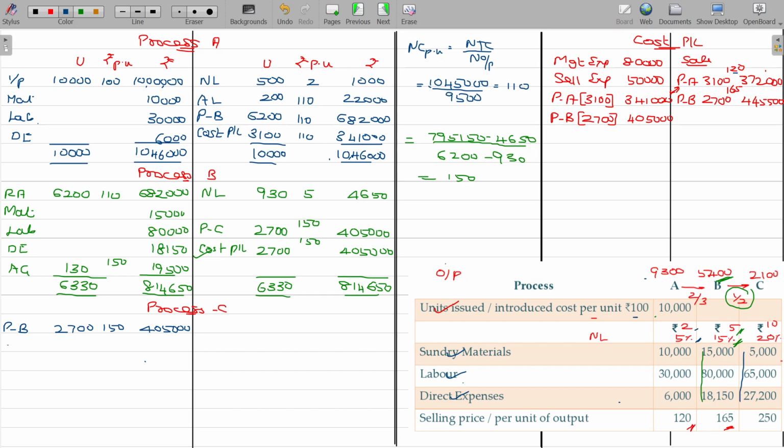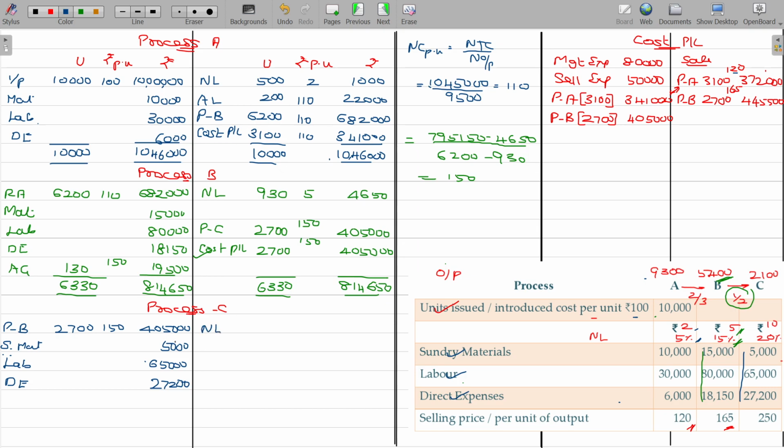Sundry materials, the value being 5,000, and labor 65,000, and then direct expenses 27,200. Is that clear?